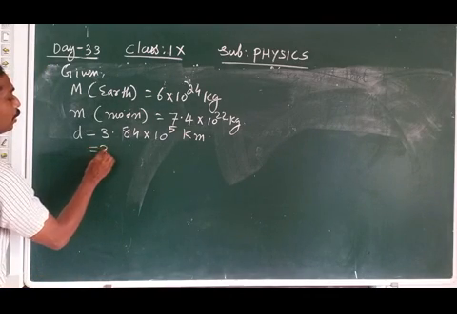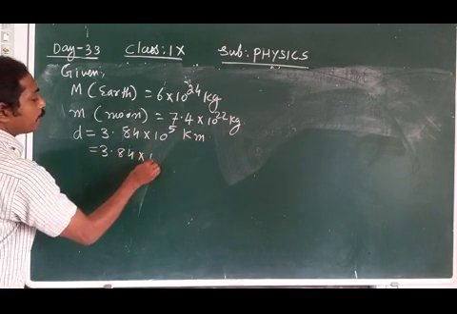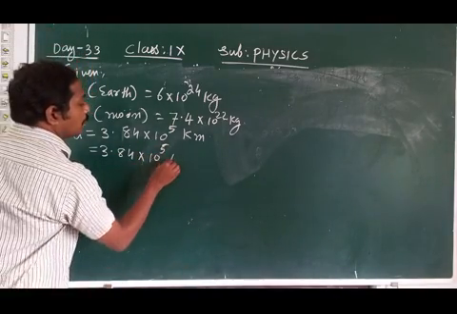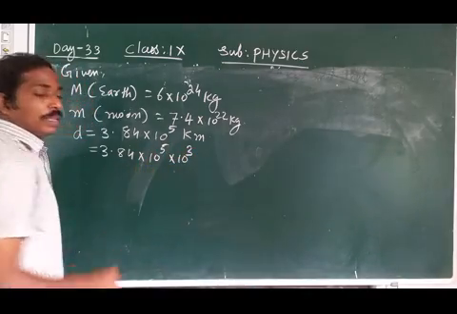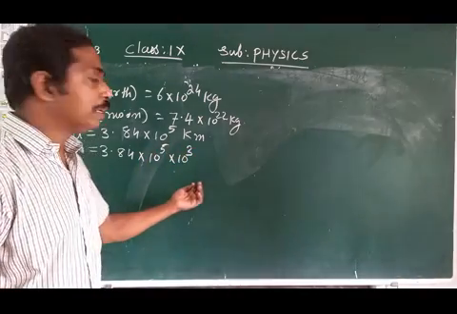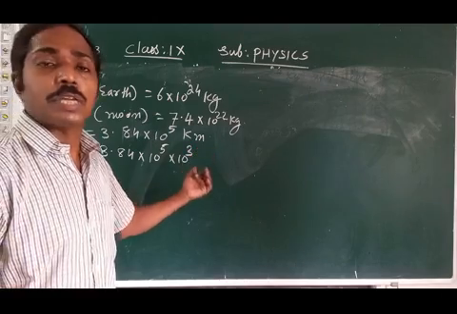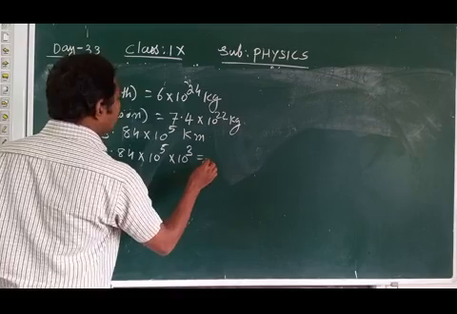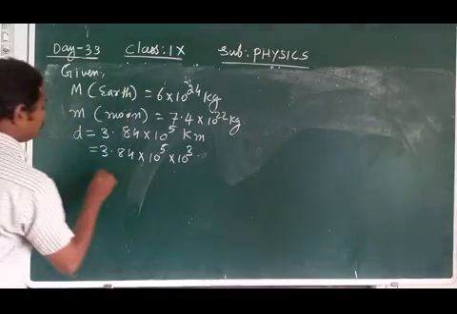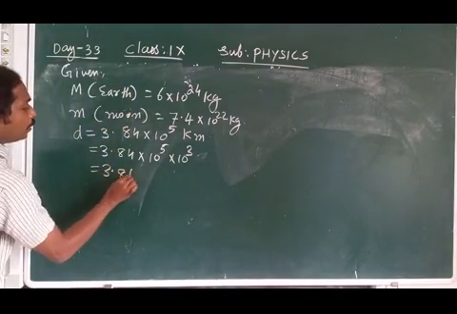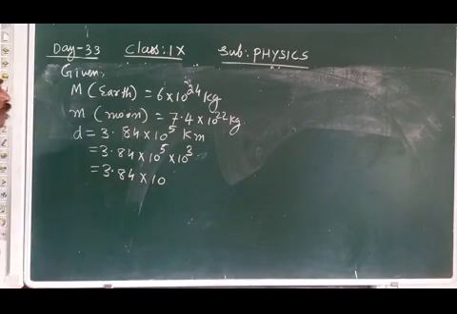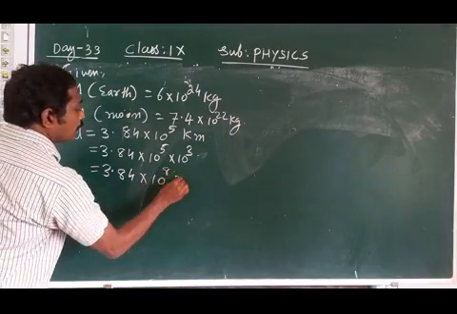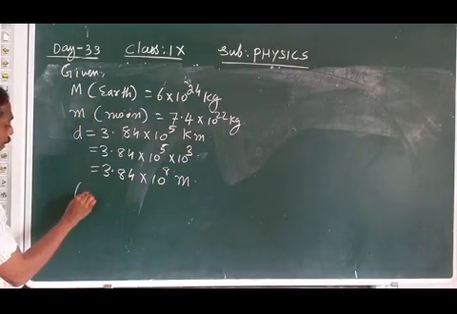For that, 3.84 into 10 raised to 5 into 1000. 1000 in exponential form is 10 raised to 3, so 1 kilometer means 1000 meter. That's why we have written 10 raised to 3. We get 3.84 into 10 raised to 5 plus 3, that is 10 raised to 8 meter.